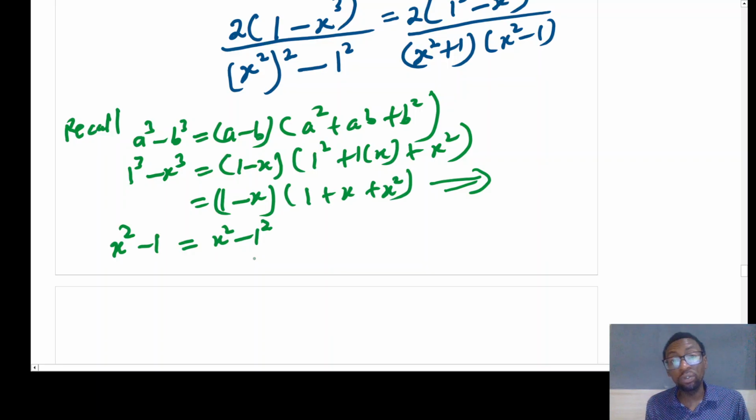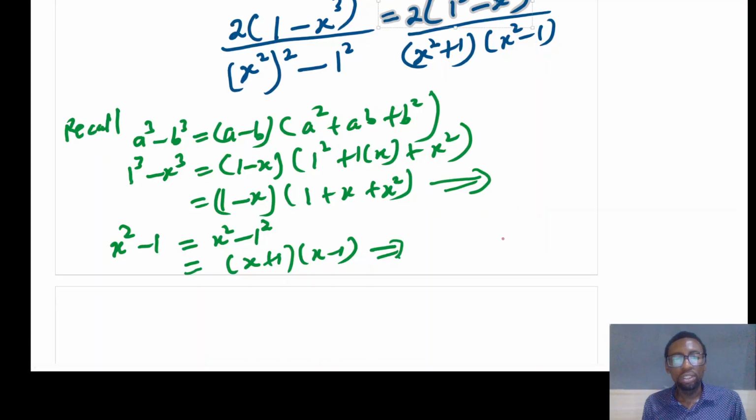This is another difference of two squares again, so this will give me (x plus 1)(x minus 1). So let's keep this one too. Let's put these two, this and this, in the equation.